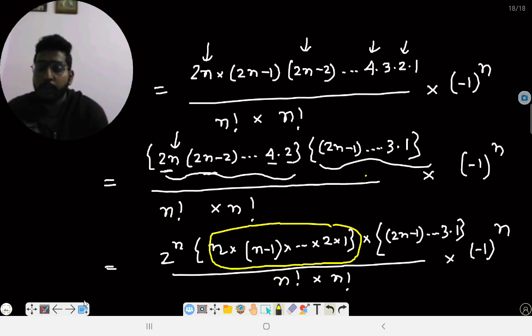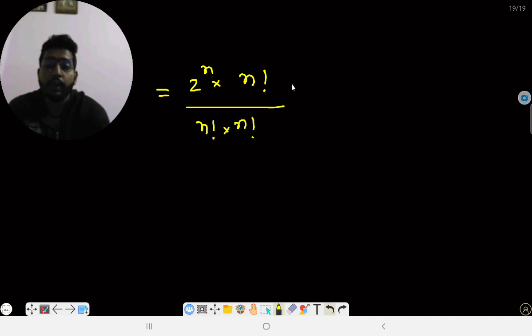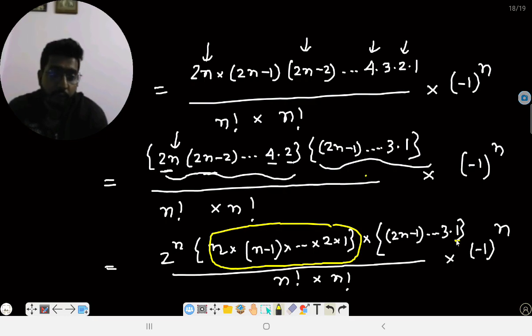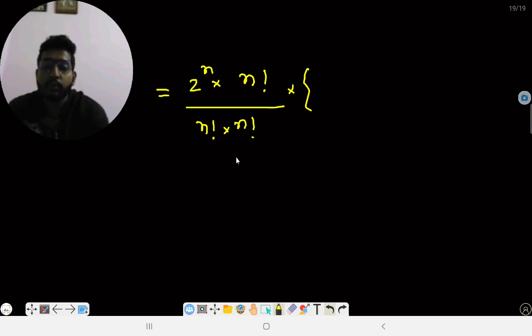So 2 to the power n can be written as 2 to the power n into n factorial, and the denominator is n factorial into n factorial into 1, 3, 5 and so on up to 2n minus 1, into minus 1 whole to the power n.